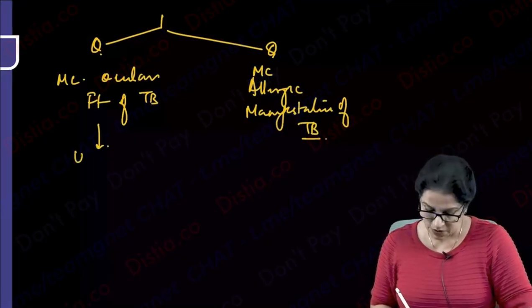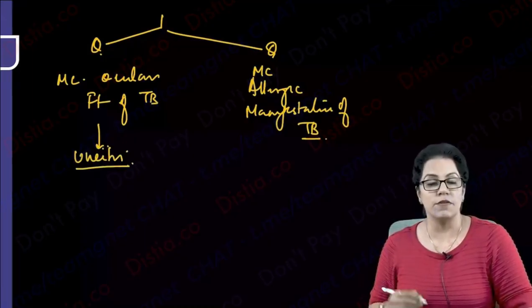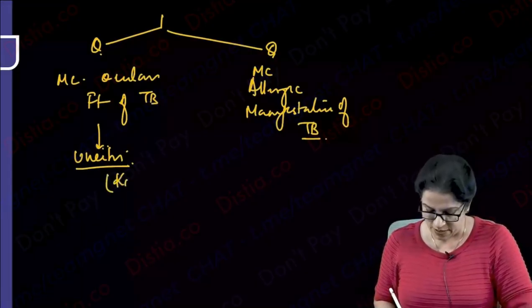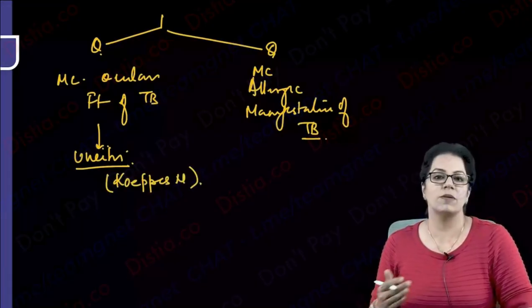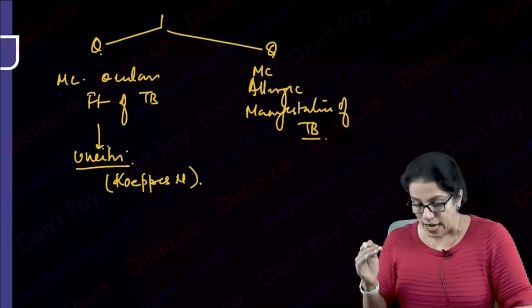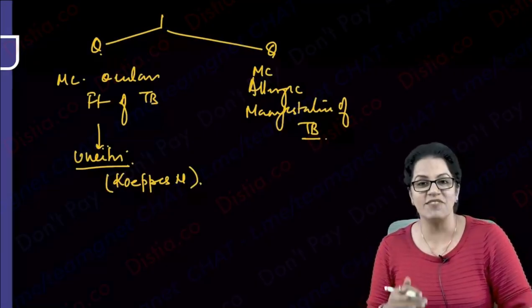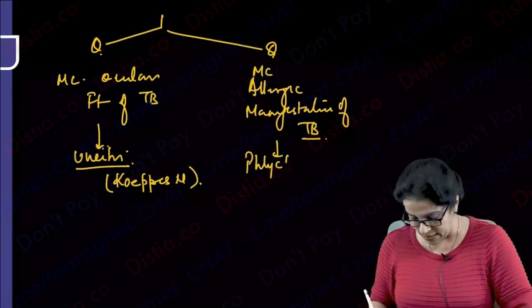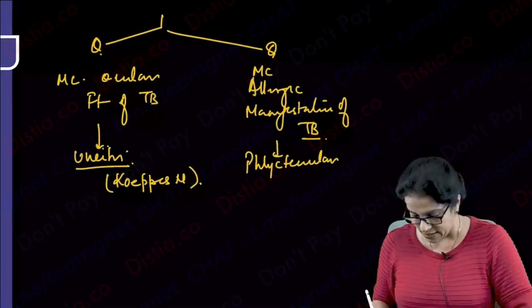In your options, Koeppe's nodule was given, so that was the correct option. But you have to not only remember this, it can be all the features of uveitis. And the most common allergic manifestation, we have learnt in the conjunctiva chapter, is phlyctenular keratoconjunctivitis.